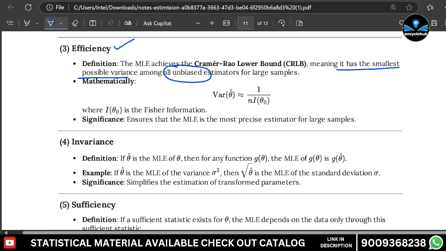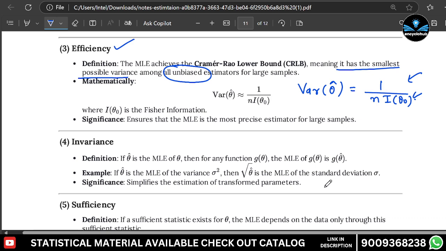It is called an efficient estimator. So the variance of theta cap will be 1 over n I(theta 0). This is the Fisher information, and this is the Cramér-Rao lower bound. The significance is that it ensures the MLE is the most precise estimate for large samples.